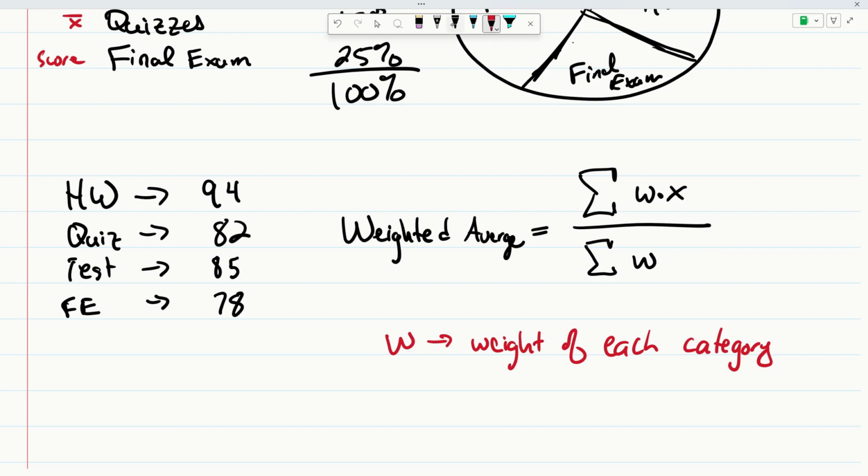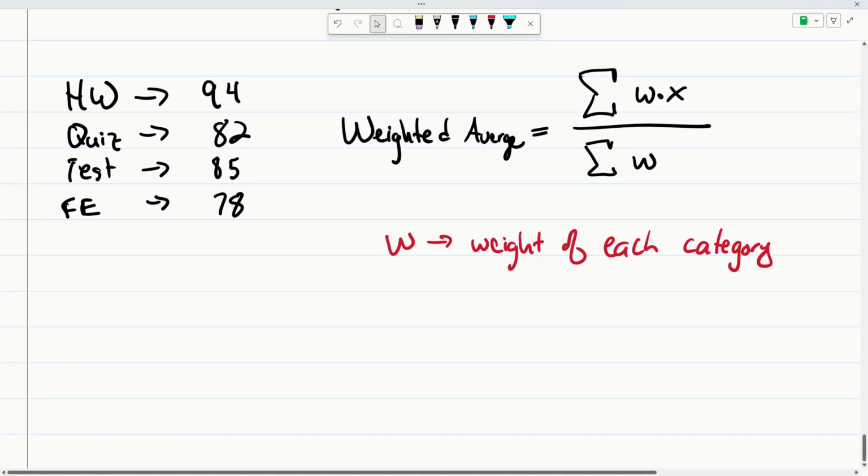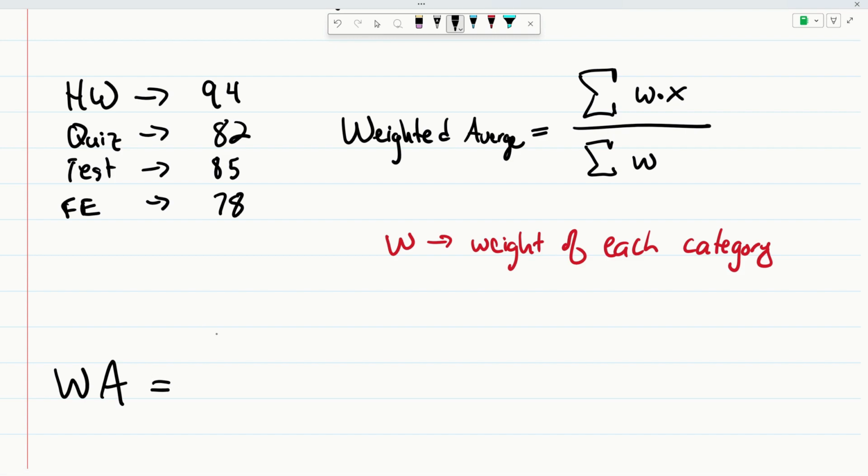So if you look above, my weighted average, WA, is going to equal 94 times the weight of that category. The weight for homework was 20%, so it's 0.20, plus 82 times the quizzes.